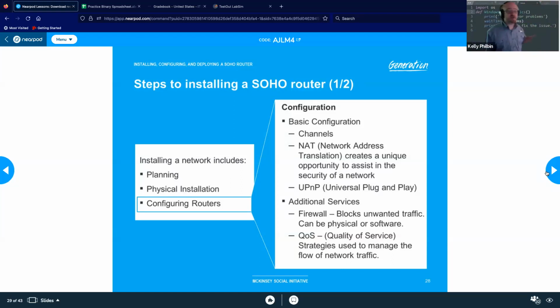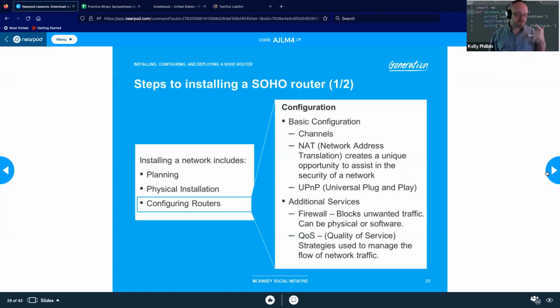Now, how do we get into our routers? What is the information we receive when we run the ipconfig command? It tells you the IP address that you have, and the subnet mask too. That's two pieces.